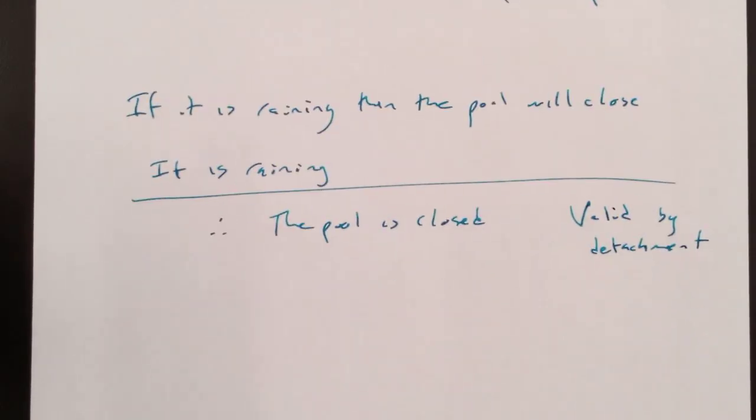This is exactly the form of the argument we were just talking about. If it is raining, then the pool will close. It is raining, so the pool's closed. And that's valid. That's using our modus ponens. That's using detachment. That's exactly the argument I just made.